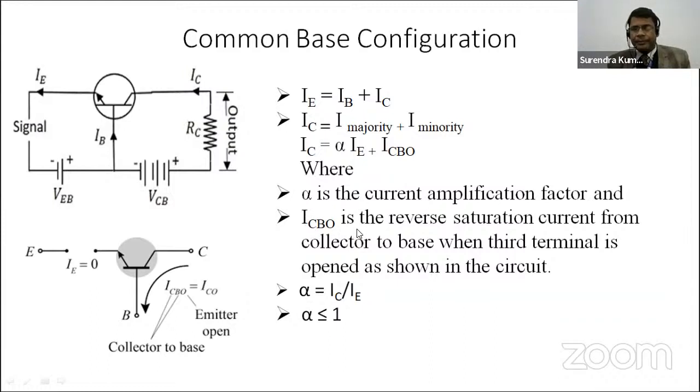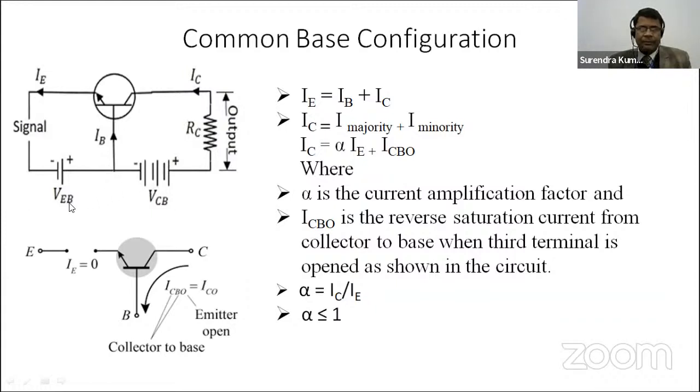and ICBO is the reverse saturation current from collector to base when the third terminal is open, as shown in the circuit. So to understand this phenomenon, how we can calculate ICBO, what its importance is, and under what condition it flows: if our input side IE is 0, then only the VCB output battery is active in the circuit.